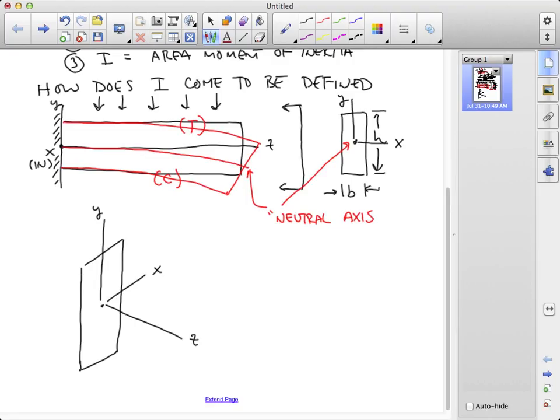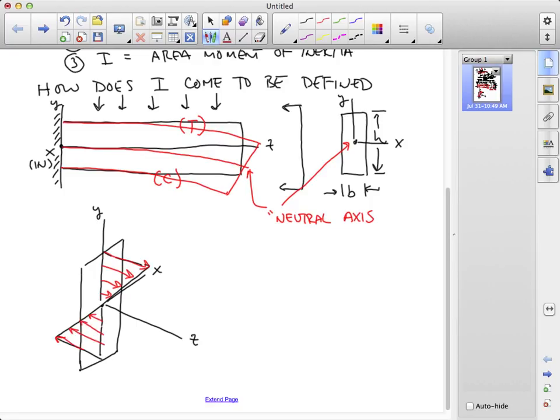So this is going to be like a pressure. We're going to represent that we have fibers that are stretched, and then as we move towards the neutral axis, the amount of stretch shrinks till it goes to 0, and then we're in compression.